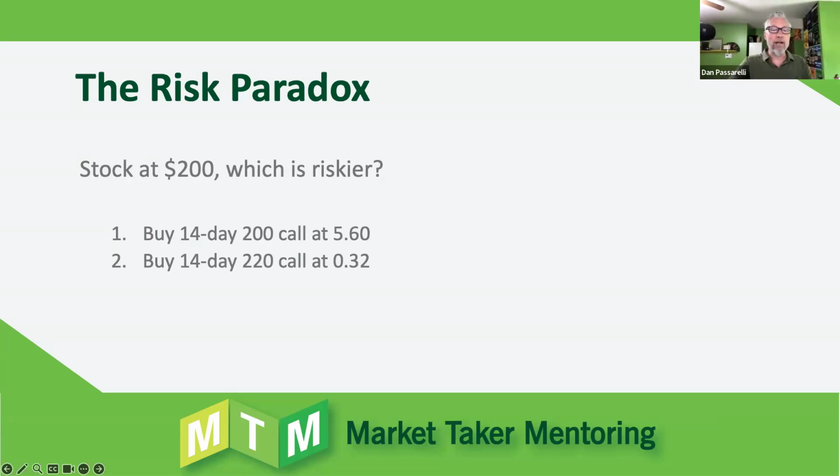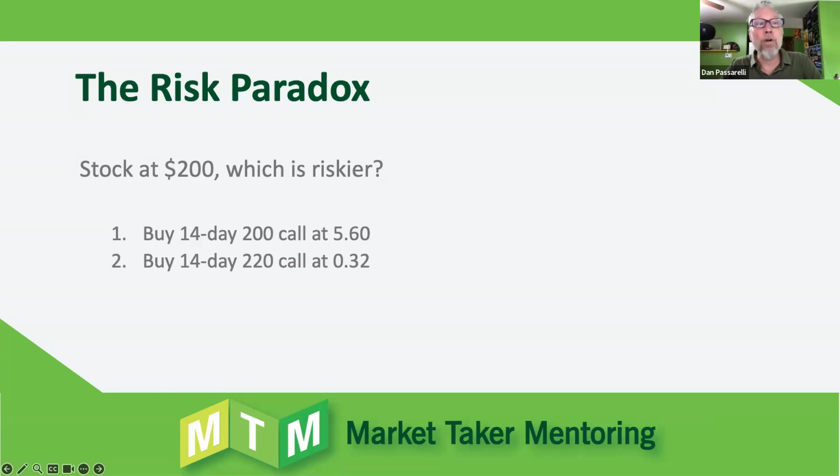This is what you might call a subjective question. Because here's the thing. The 14-day call, well, they're both 14-day calls. The 200 strike call, you can make a case for that being riskier, right? You're risking more.